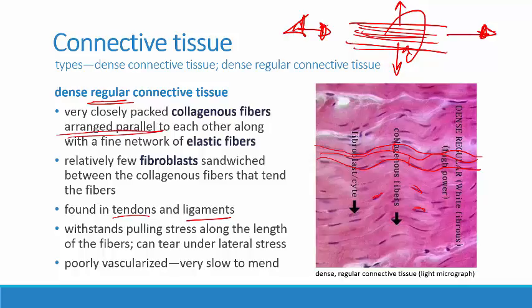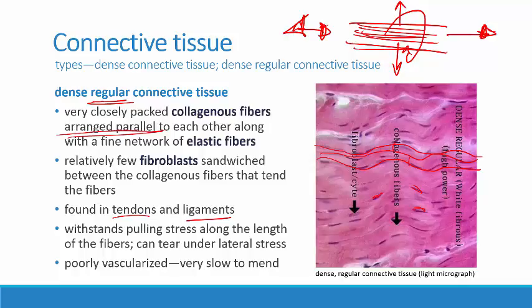They tend to be very poorly vascularized as well, so once damaged, it takes a long time to get them to mend. And even once they've mended, they still can be weak for quite a while as the body is repairing and recuperating.